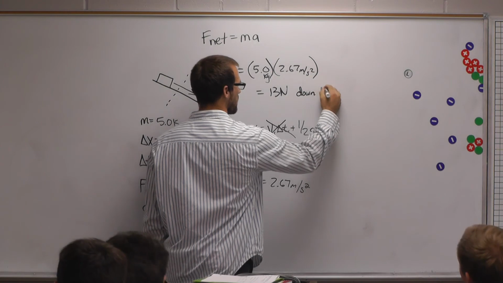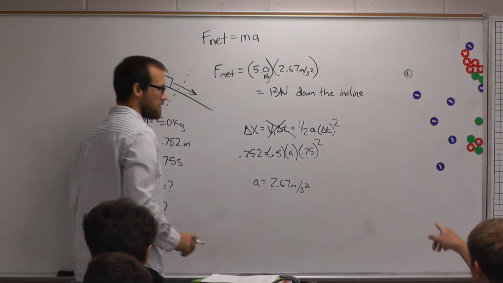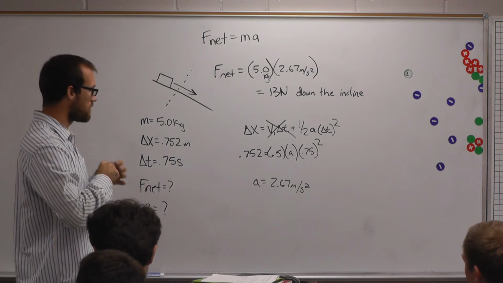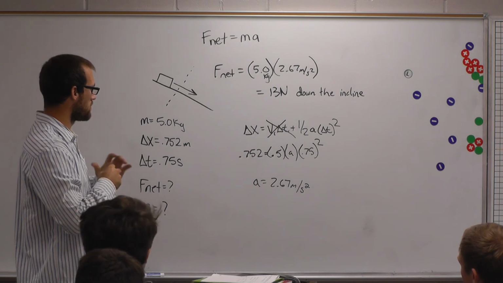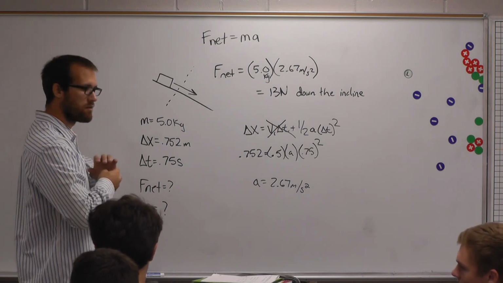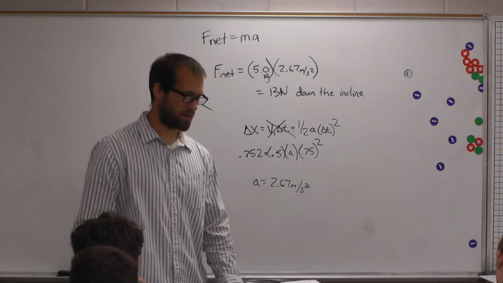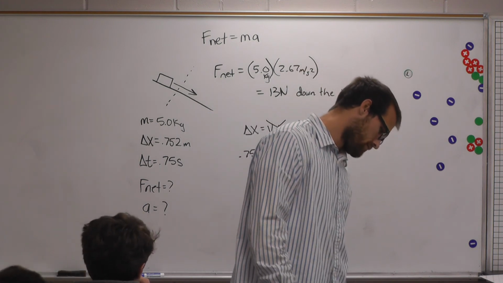Down the incline, I'm still not understanding. Like, you are just squaring the seconds. The only difference is you have to multiply by 2. Why is it 0.5? Because that's the equation. You got your meters, which is 0.752.